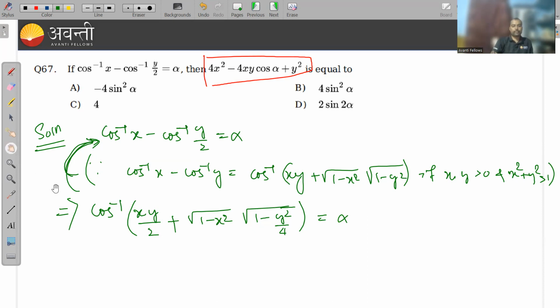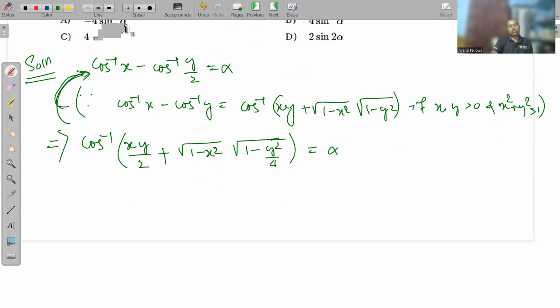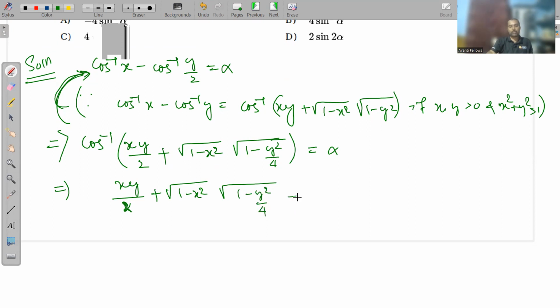Root of 1 minus y square by 4, ठीक है, which is equal to alpha. It is given as alpha, right? Okay, चलो ठीक है. If it is given, now if we further simplify it, we are getting xy by 2 plus root of 1 minus x square into root of 1 minus y square by 4 is equal to cos of alpha. है कि नहीं?